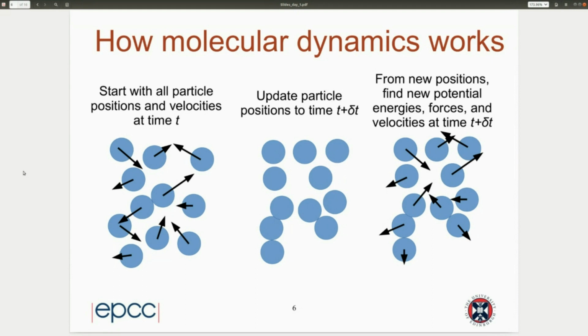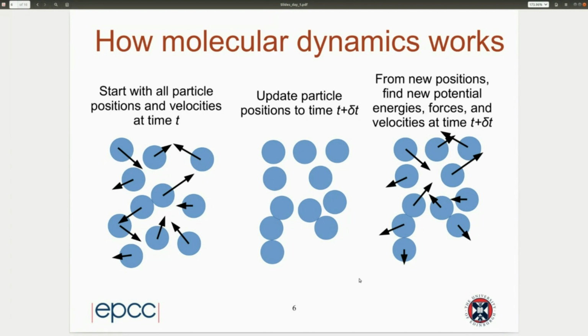And then you move that picture ahead in time a tiny amount. You say, okay, all of my particles will follow their velocity exactly, without deviations from their path, for this small time delta t. They move to their new position, and once they get to this new position, you calculate all of the forces that each particle feels from every other particle.